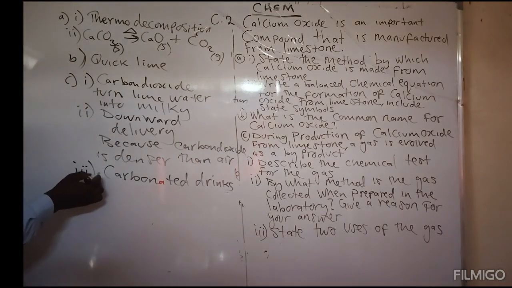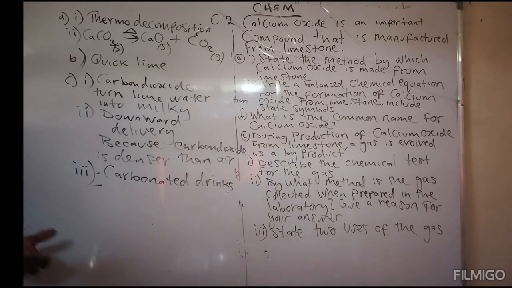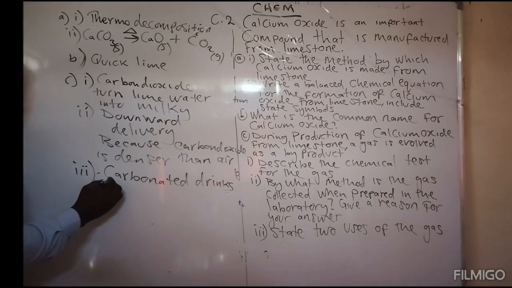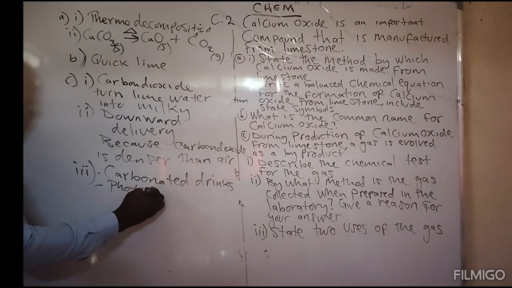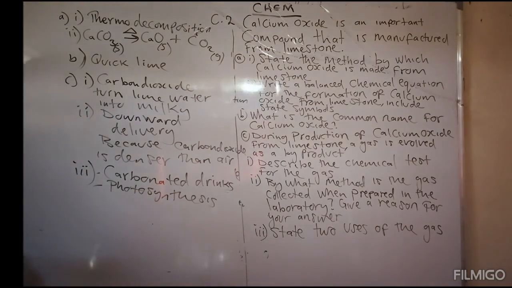Then next, the same carbon dioxide is used in the production of food in green plants, so you can also say in photosynthesis. Again, the same carbon dioxide is also used in fire extinguishers, because it does not support burning. Okay, let's stop here.